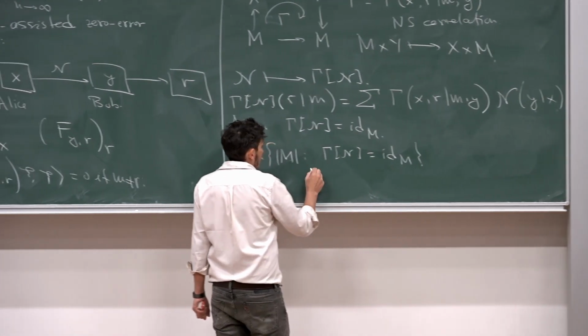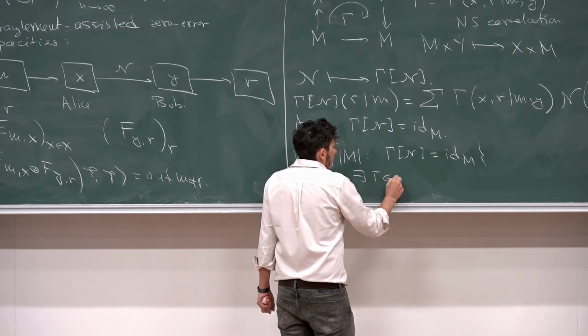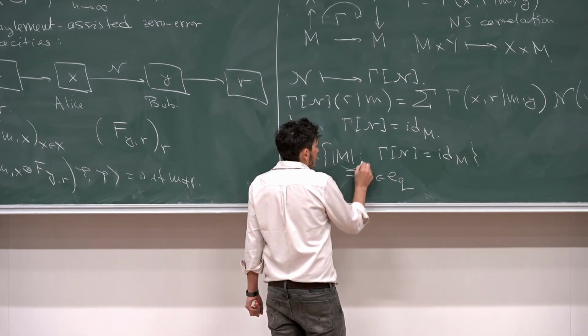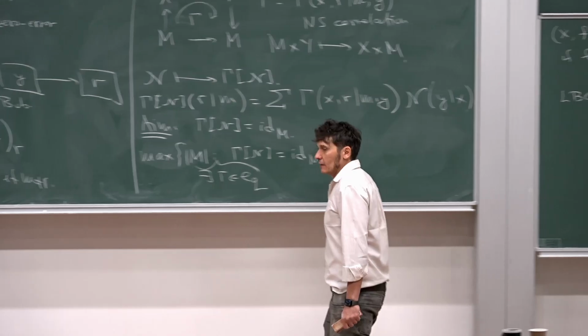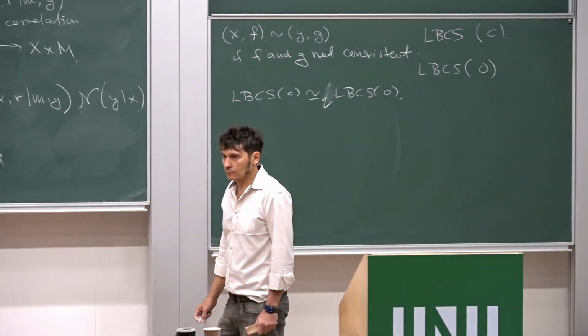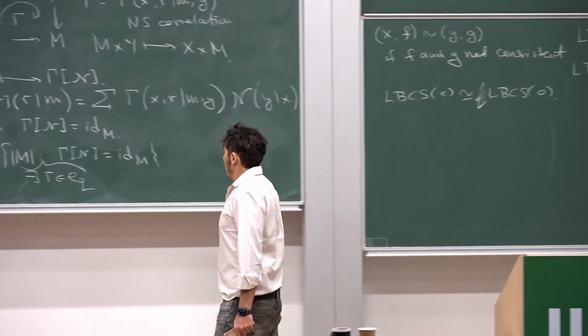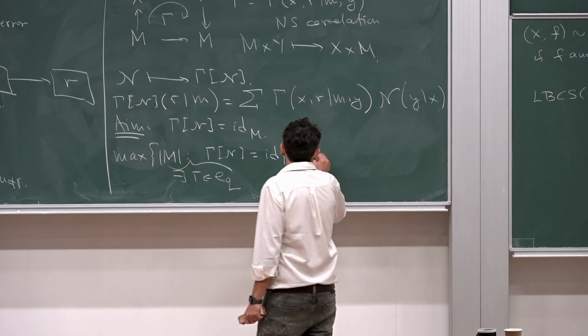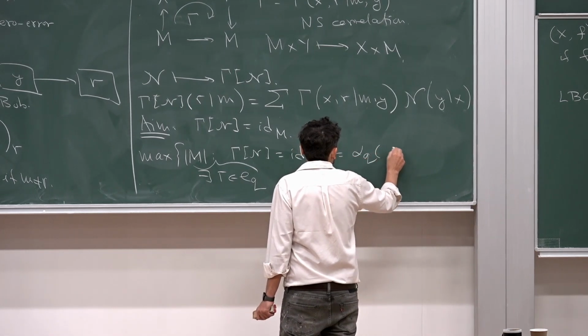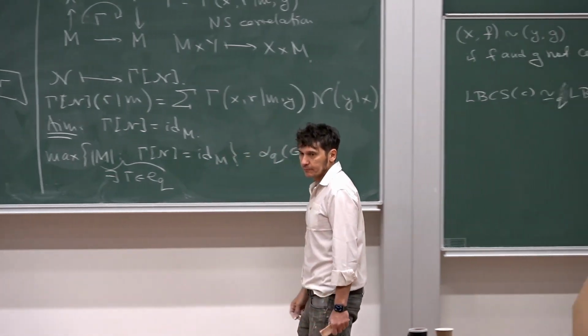Well, there exists a gamma, more precisely here, in say CQ class. Let's just consider the Q class. All right, so this we'll call alpha sub Q of my G.